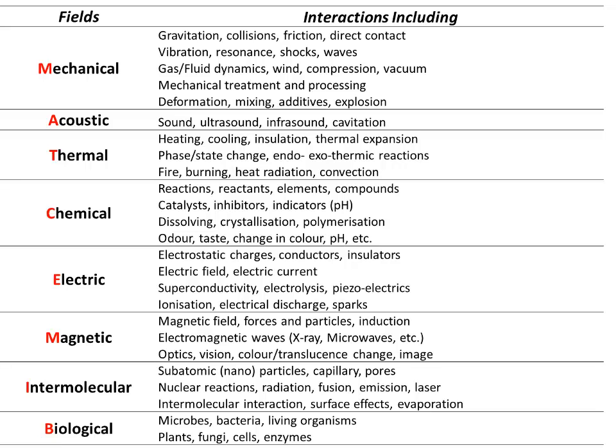What you see here is the table of 8 fields and interactions which belong to each field. Certainly, the table of interactions is not complete, and in order to improve your idea generation, you can append any of the fields with interactions you are aware of.